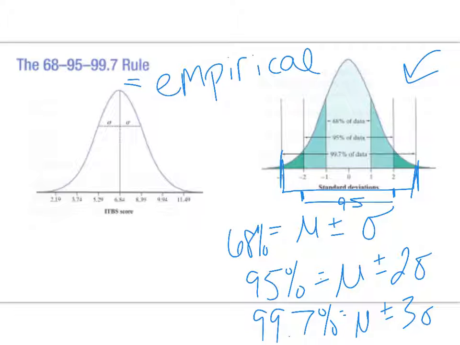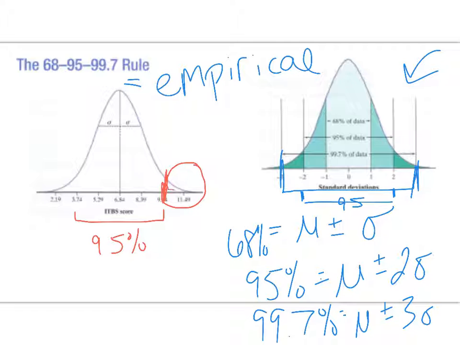Is it unusual to get a score above a 9.94? So a 9.94 out here is 2 standard deviations away. So if I know that 95% of my data points fall within 2 standard deviations, and I want to know the likelihood that they're going to get a score above that.